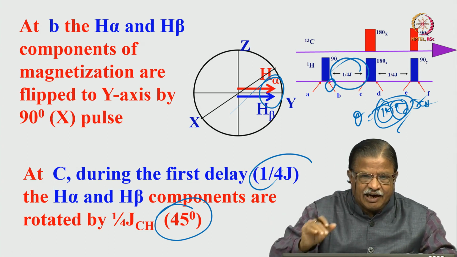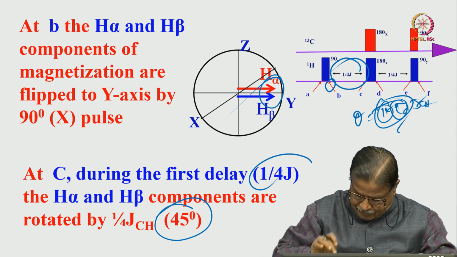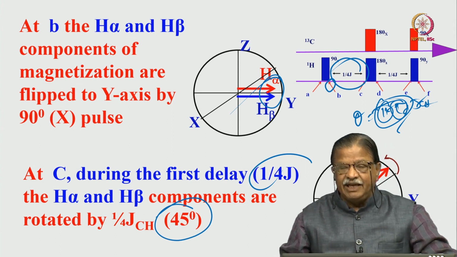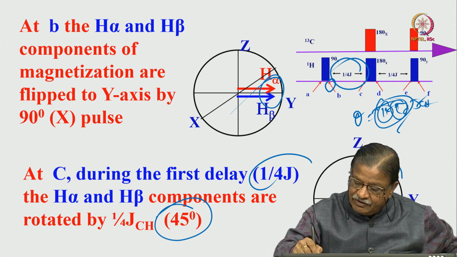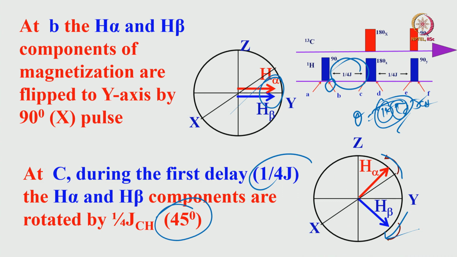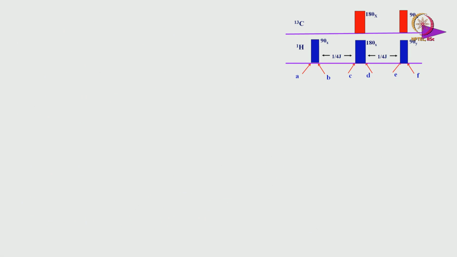One is a fast moving component, the other is a slow moving component. One moves like this, the other moves like this. They have rotated by 45 degrees at exactly 1 over 4J. This is the situation at point C. Okay, we will continue further.